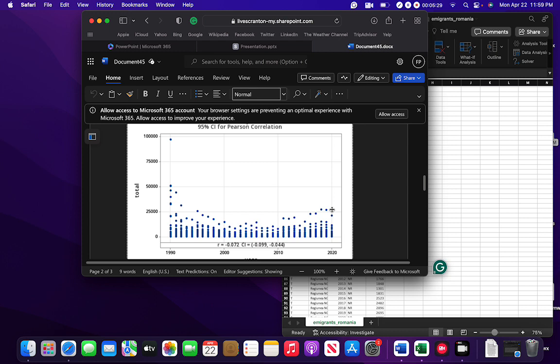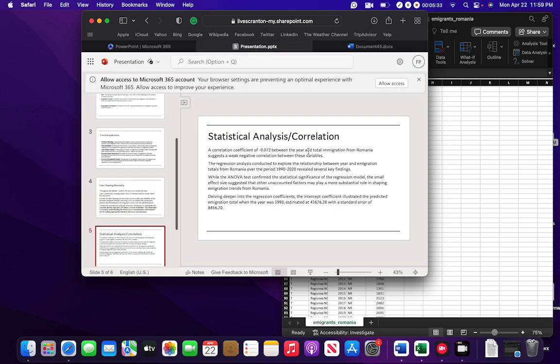The correlation coefficient of negative 0.072 between the year and total immigration from Romania suggests a weak negative correlation between these variables. This indicates that as the year increases, there is a slight tendency for total immigration from Romania to decrease.